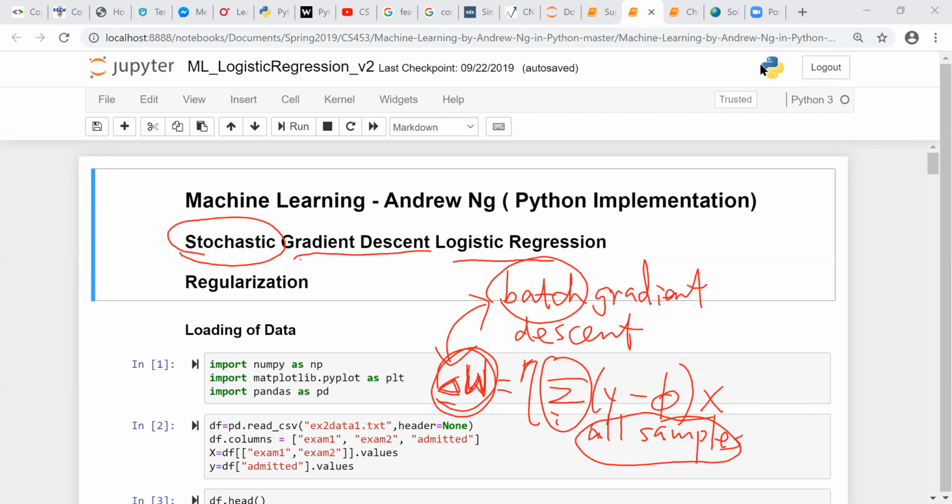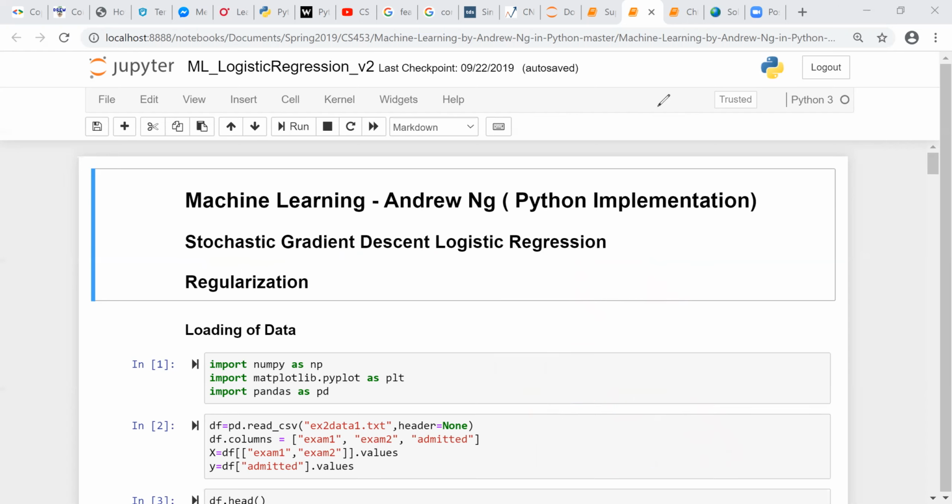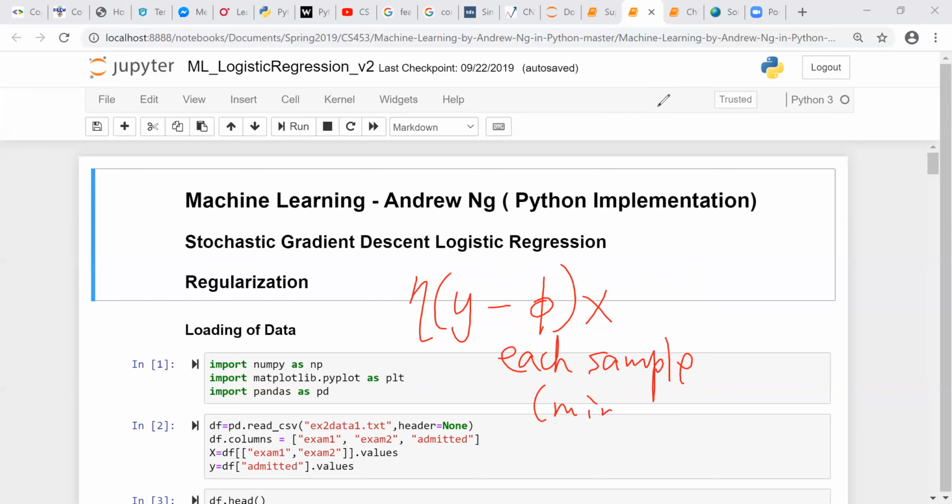So there is a way to get around it: when we update a weight, we are not going to use all samples. We use an individual one, so each sample, or some mini batch.